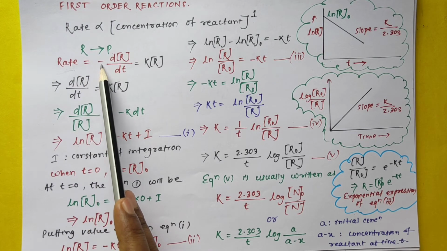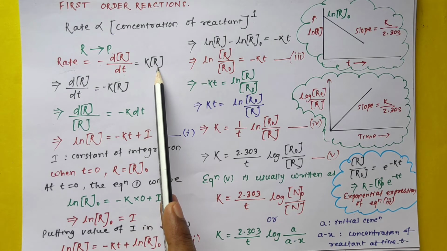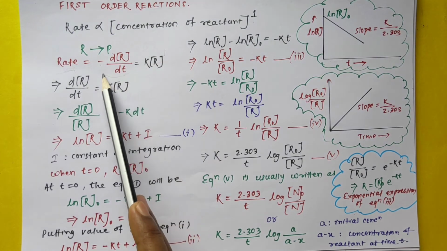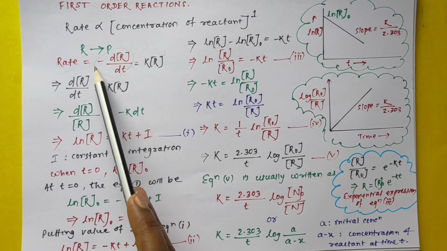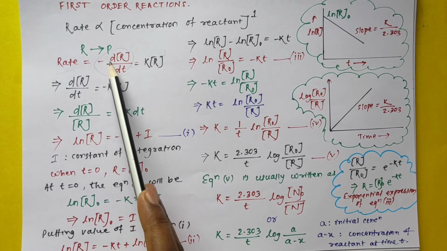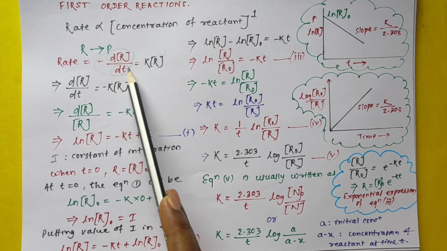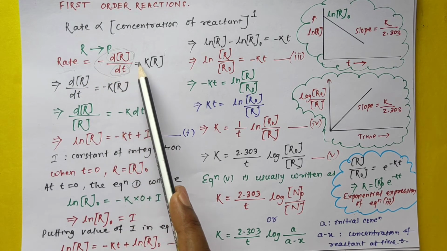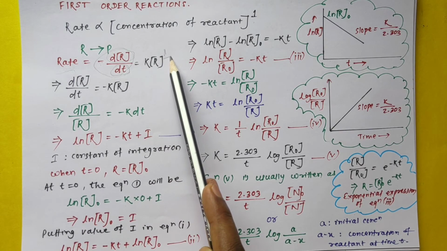That will be minus d concentration of R by dt is equal to K into concentration of R to the power 1. This is simply rate. Rate means what? Minus change of concentration of reactants divided by the time in which the concentration changed is equal to K into concentration to the power 1, because it is first order reaction.